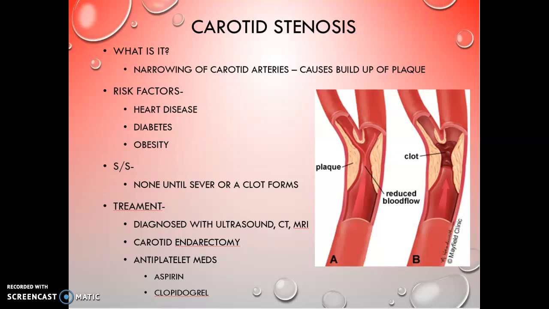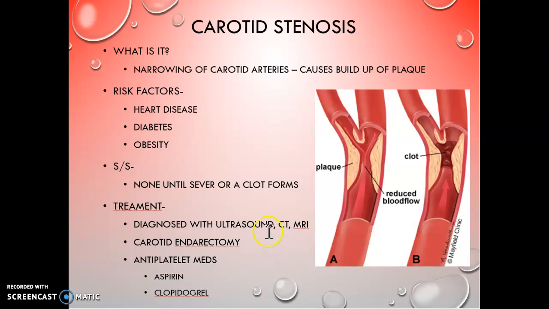People who have significant cardiac issues, heart disease, diabetes, obesity, they are checked regularly, and you can sometimes hear bruits when that clot formation is happening, but again, that is more advanced. So we want to make sure that we're encouraging our patients to have their carotid arteries looked at on their regular checkups, part of the educational process.